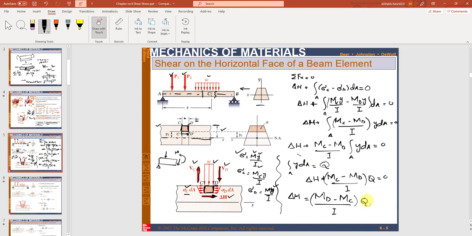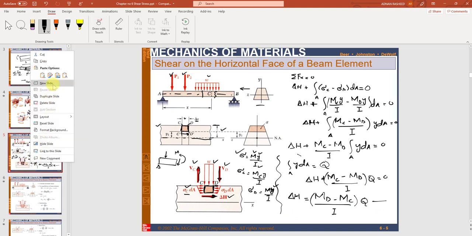Okay, so this was the equation for horizontal shear force. Now we will move forward.